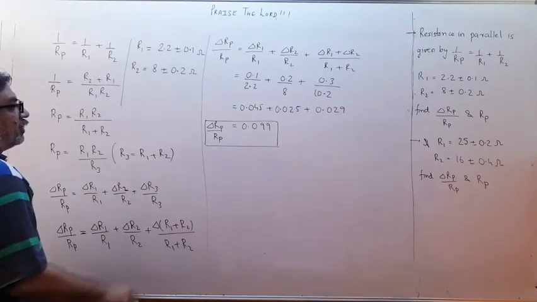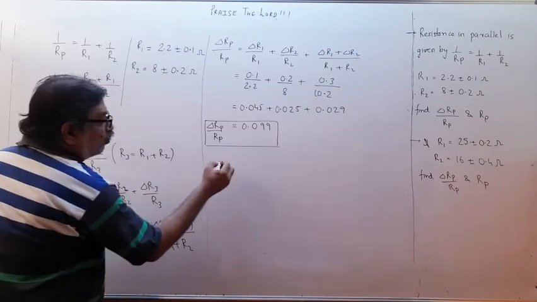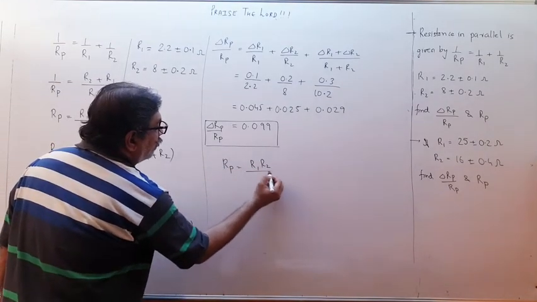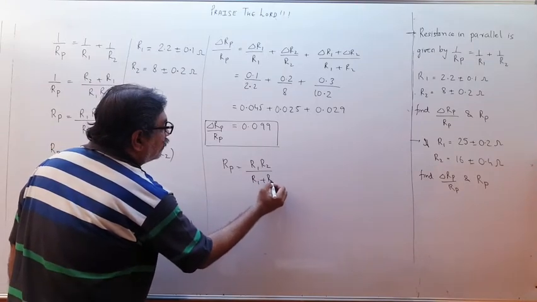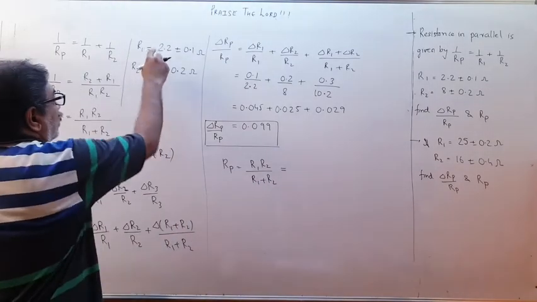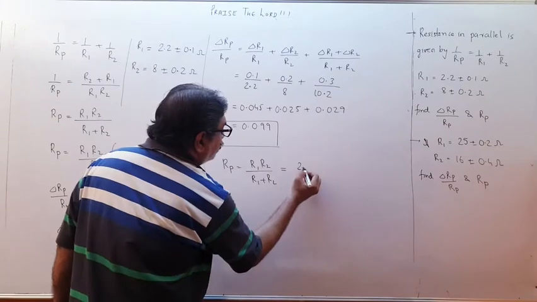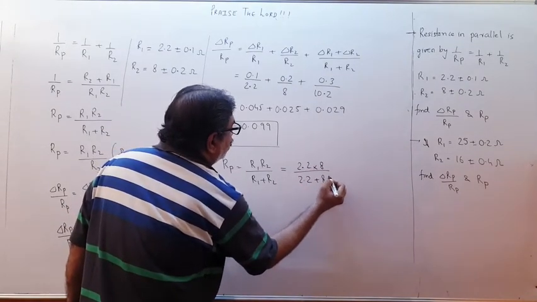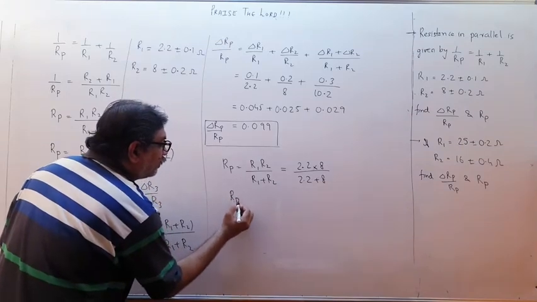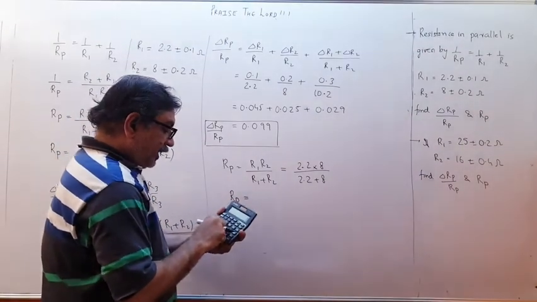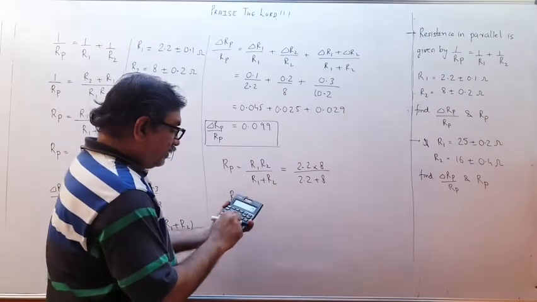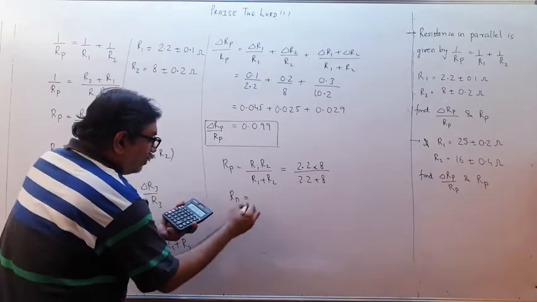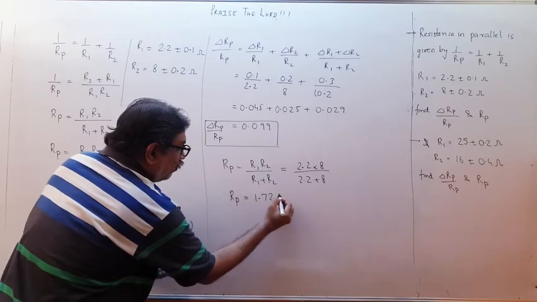If I want delta Rp, then I should get the true value of Rp. True value of Rp will be given by R1 R2 upon R1 plus R2, that is 2.2 into 8 upon 2.2 plus 8. So Rp will be equal to 8 into 2.2, this much, divided by 10.2. That is 1.725.